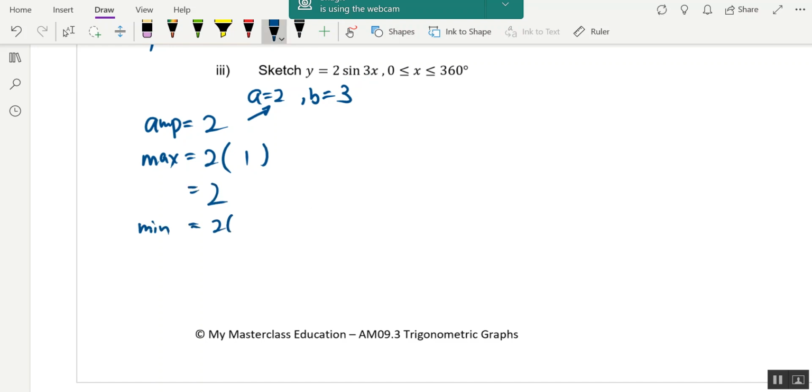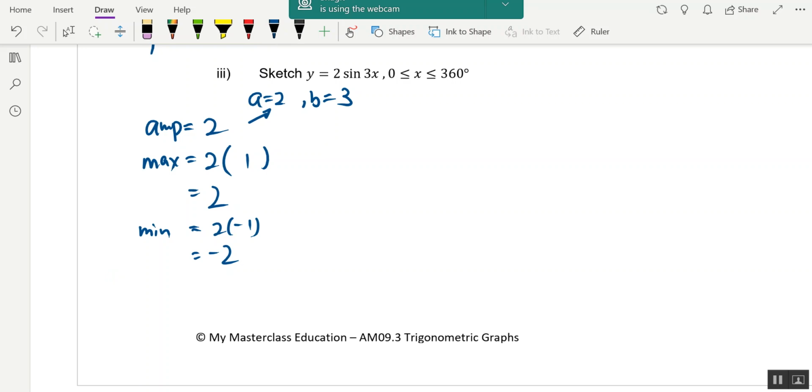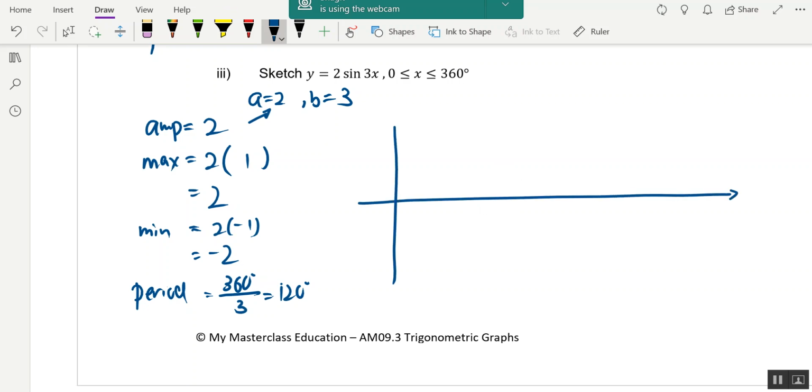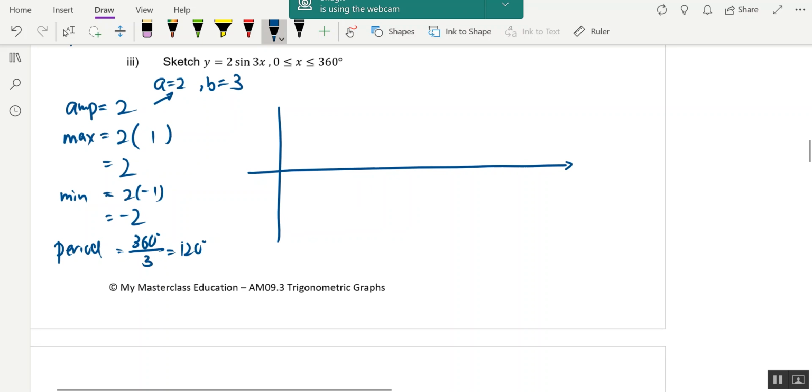Minimum is equal to 2 times negative 1, which is negative 2. Period is equal to 360 divided by 3, which is equal to 120. In this case, it means that in 120, I must complete 1 cycle already. It also means that in 360, I need to complete 3 cycles.